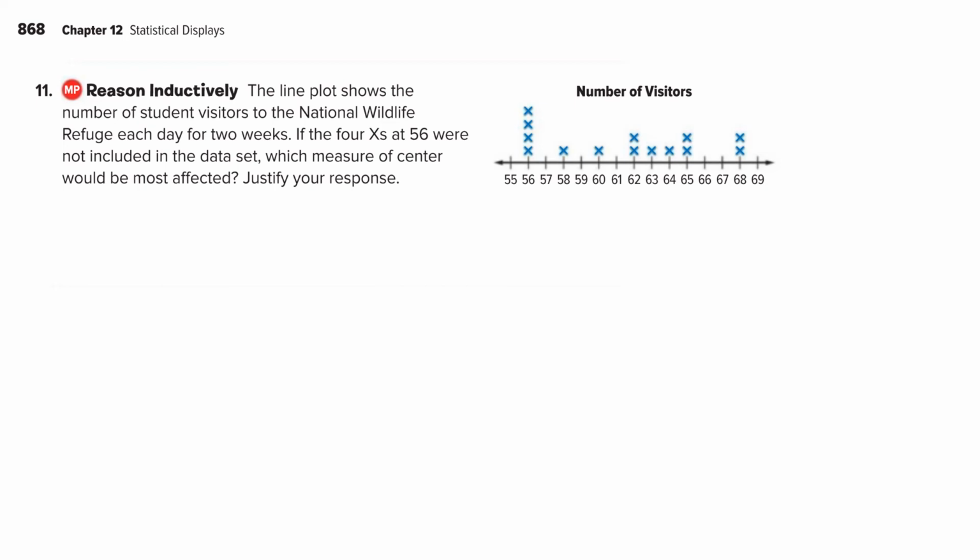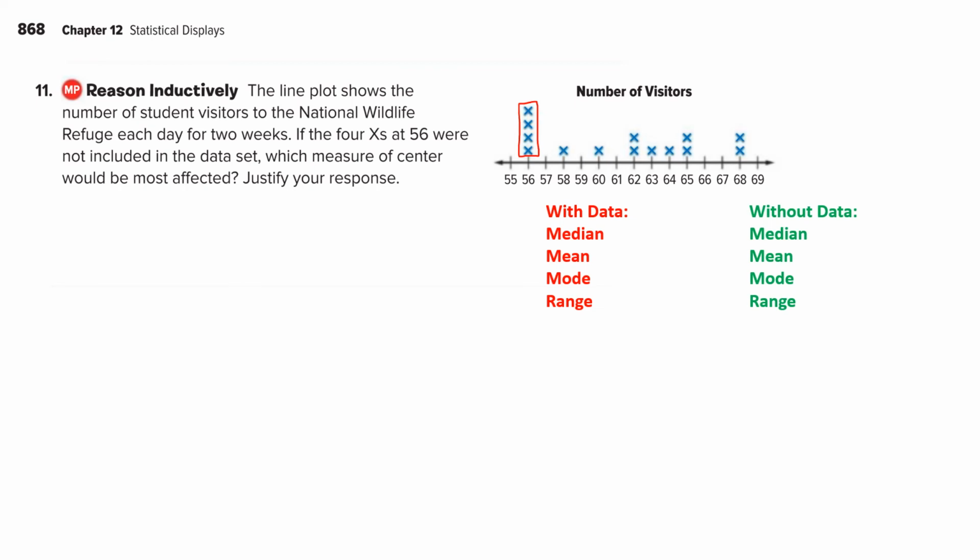So what they're asking us to do is to take a look at the data and compare the data landmarks with and without these 4 data points. So we're going to take a look at the median, mean, mode, and range with the data, and the median, mean, mode, and range without the data.